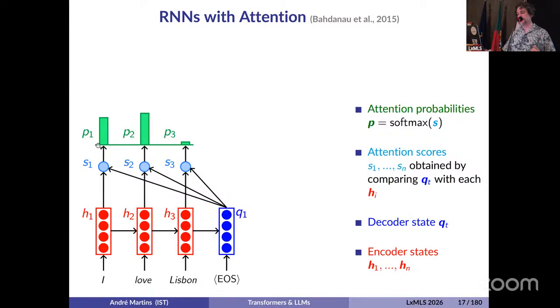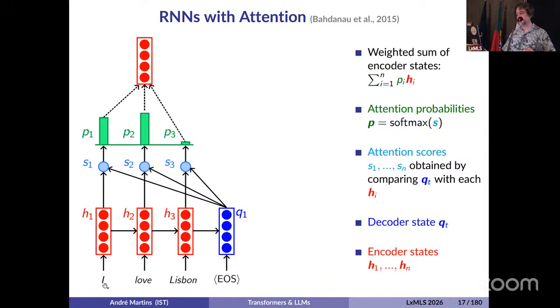So we just do a softmax transformation of this vector of scores. And this is going to give us an attention probability for each word. We can interpret this as how much we need to focus on each of these words to generate the next word. In this case, the next word is going to be the first word of the translation. And these probabilities tell us that we should look at love and I. As a result, we are going to obtain a vector.